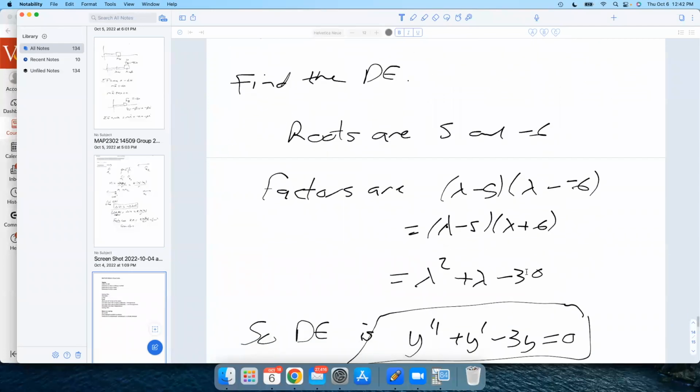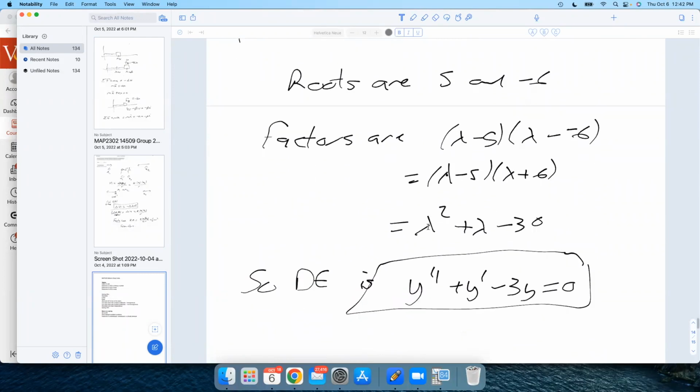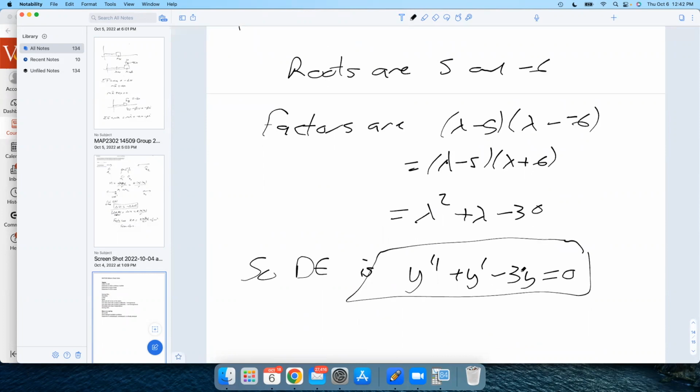If we FOIL that out, we get this, and then that's it. There's our DE. The power will correspond with the order of the derivative, and we just bring the coefficients along. That should be a 30 right there. Because 30.